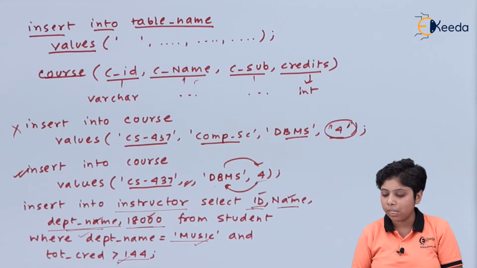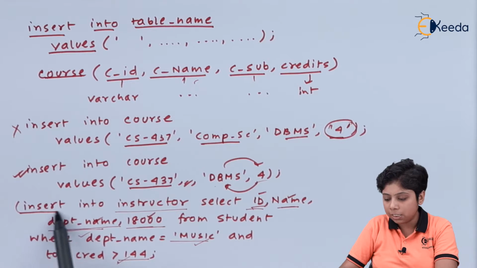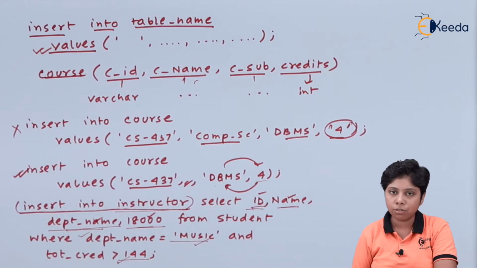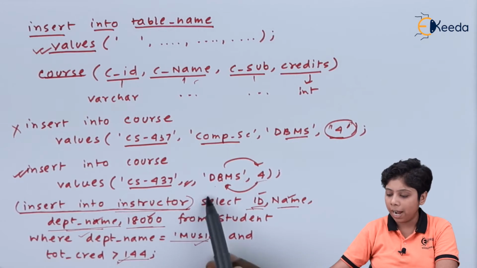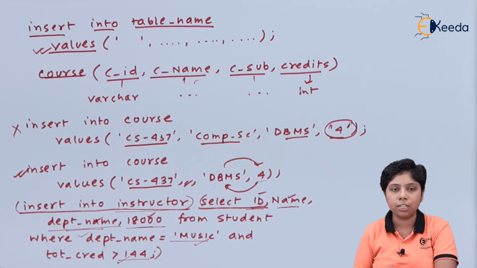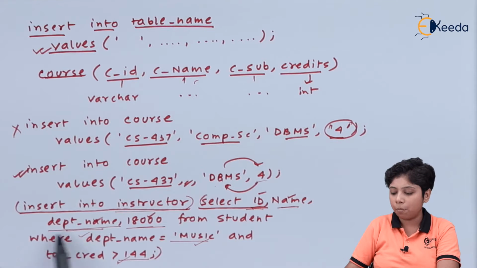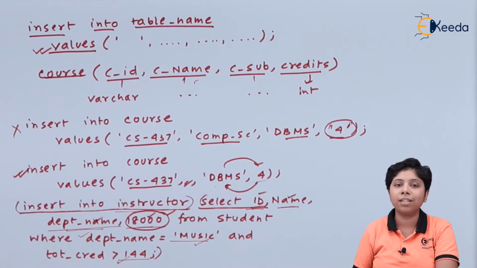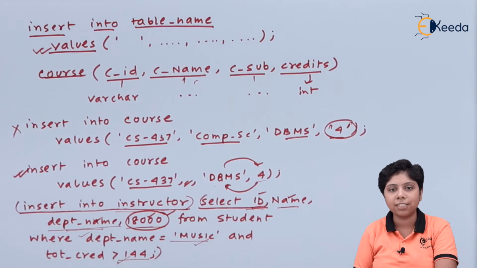So what we are doing, we are writing insert into instructor, and other than using the values or the relation name, we are actually putting a query here that selects a number of attributes, and here I am making a default value, that 18,000 will be the fixed salary.